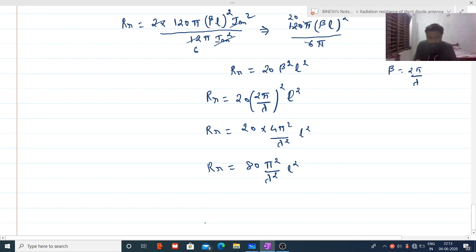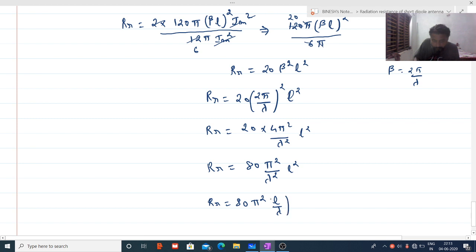it is nothing but RR will be 80 pi square. I will club these two together, 80 pi square L by lambda the whole square.